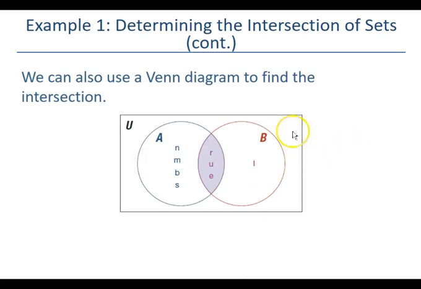Now, in a nice Venn diagram done by the authors, here's what it would look like. The elements here are only in set A, but the intersection, which is shaded, and then the element that's only in set B is the L. Again, this is rather a simple example.